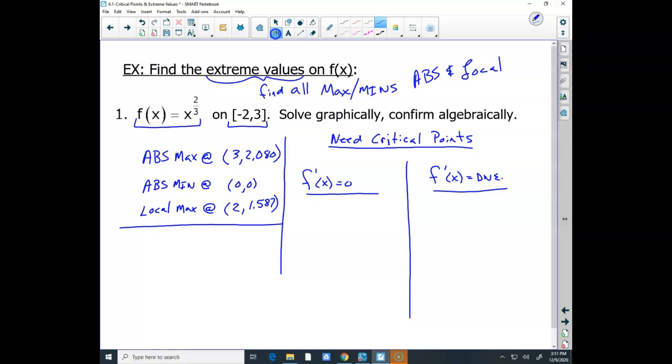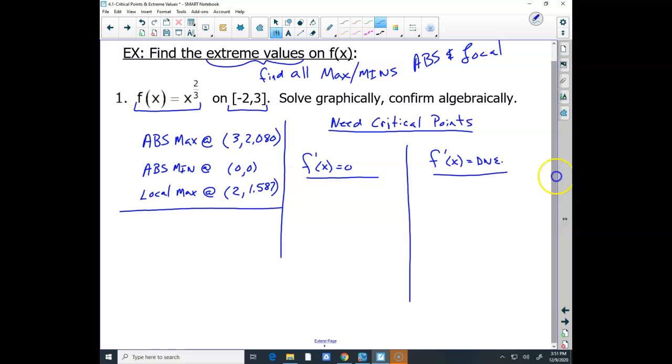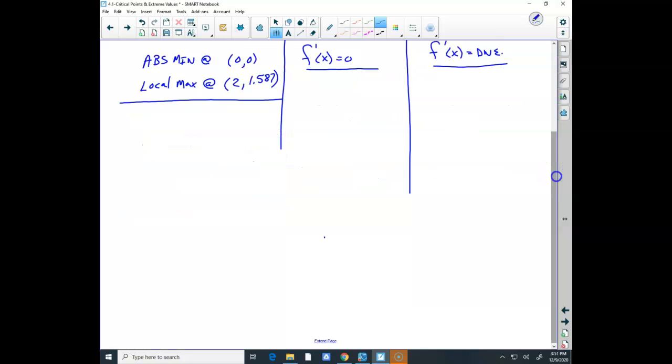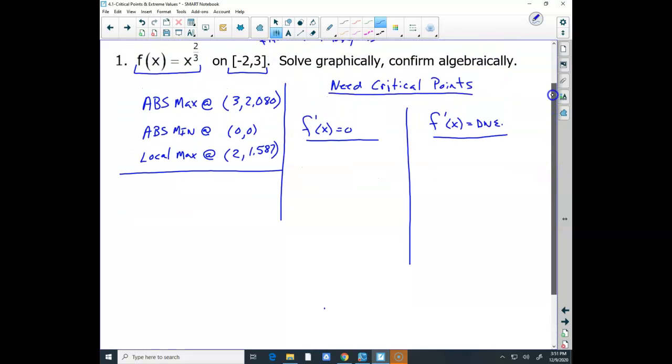So I'm going to slide down here a little bit and find the derivative. f prime of x equals 2/3 x, drop the power, to the negative 1/3, chain rule times 1. And hopefully everybody's looking at that.